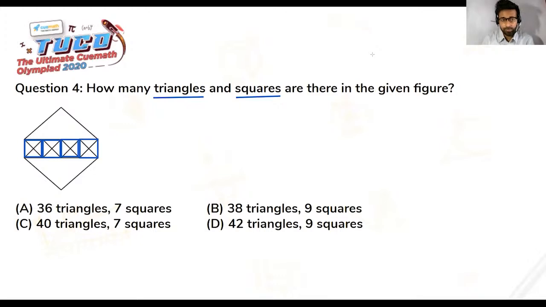But are there more? Do you think you'll be able to find more out of it? For that, you need to look into the figure carefully. For this, we need to take two of the components or two of the squares together. For example, if I take this, I'm taking these two squares, I'm taking parts of the two squares and making it as one.